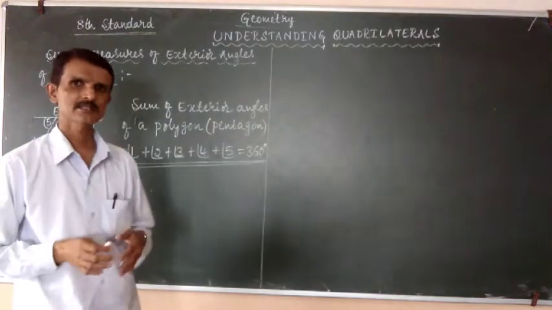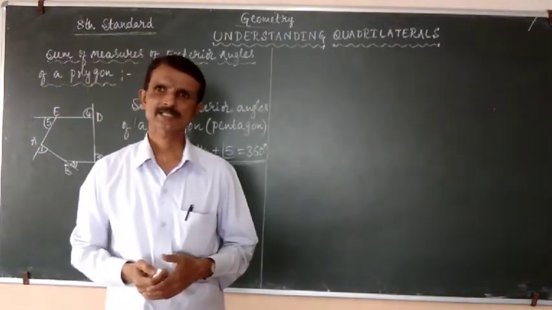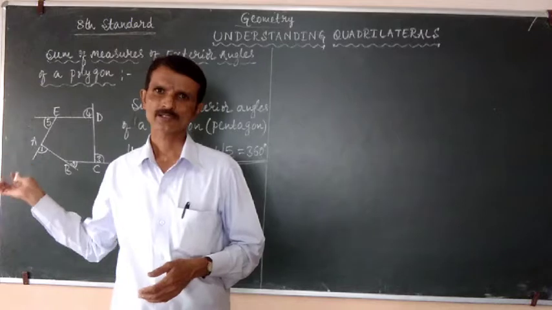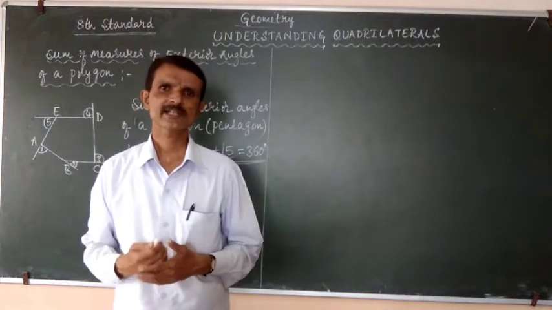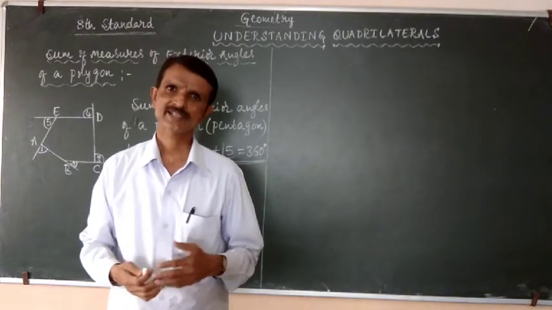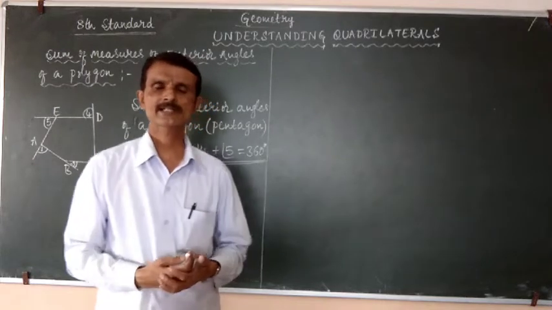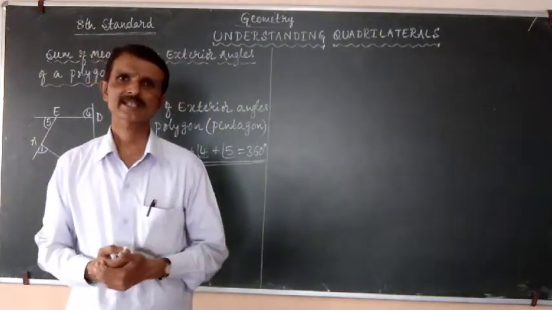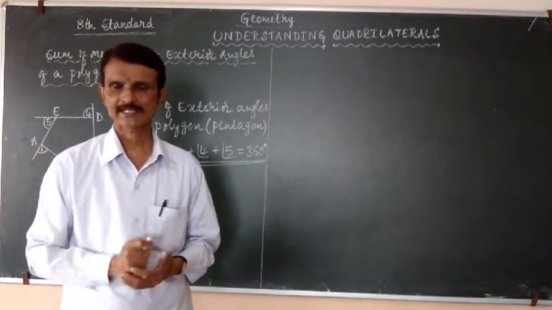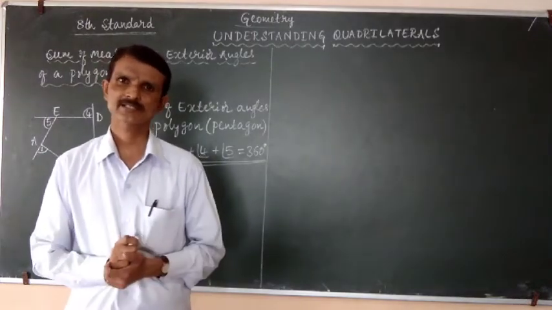If you measure with the help of a protractor the exterior angles of a polygon, if you take a triangle, then also if you add the exterior angles formed in that triangle, you will get 360 degrees.